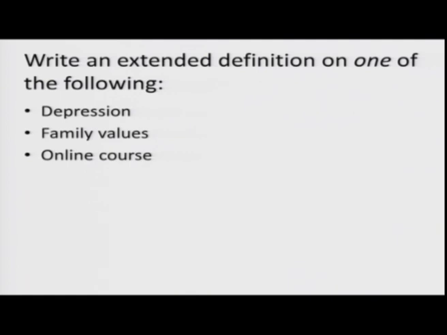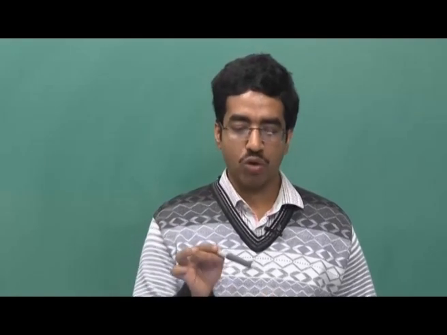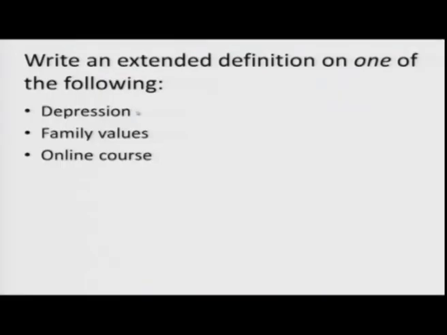Now, you can choose one of these topics and attempt an extended definition. Topics are depression. So, what is it? So, you give details about it, family values, online course.